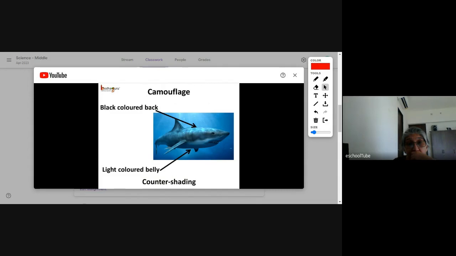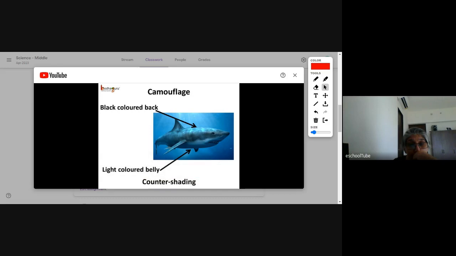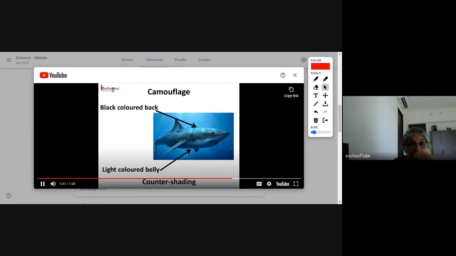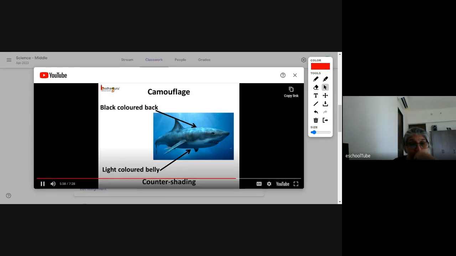If we look from the top, its back is dark, so it is hard to spot against the dark sea floor. From the downside, its belly is light in color, so a creature seeing it from below can't spot it against the bright sunlight. Because of this shading, sometimes the shark's prey cannot notice it. This special camouflage is called counter shading.